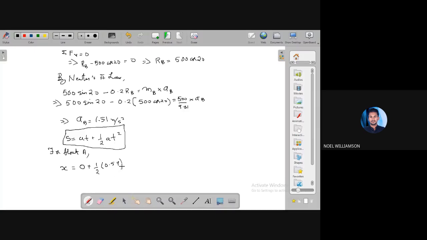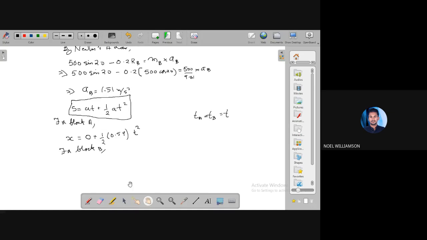Into t square, t raised to 2. For A and B, t is the same, that is Ta equals Tb, so we can denote it generally by T. Now for block B, S equal to ut plus half at square.